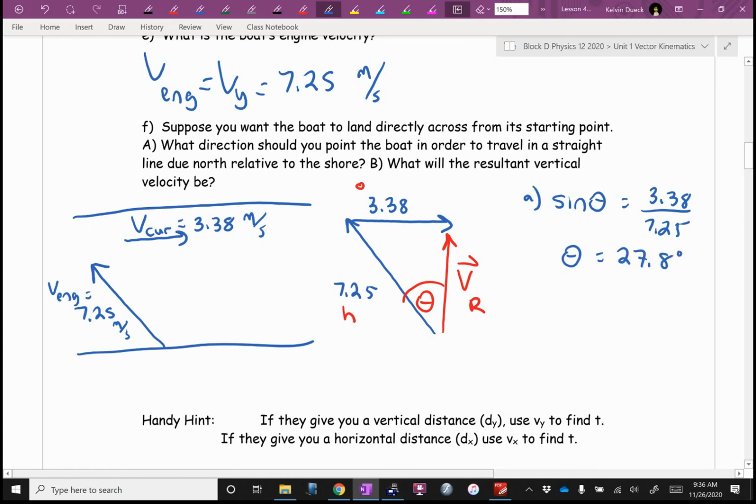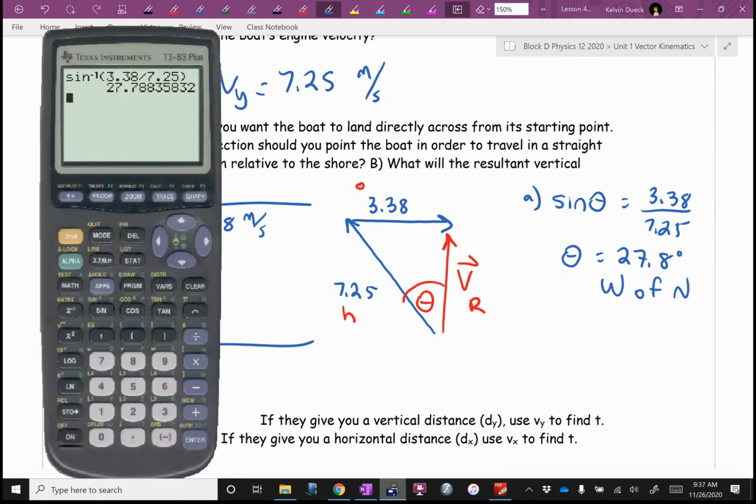North of south, east of west, what of what? West. West of, do the nice line. The nice line is the of, so west of north. Or 90 minus that, 62.2 degrees north of west.